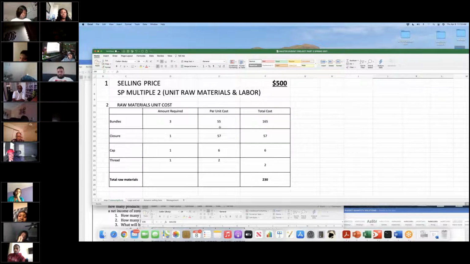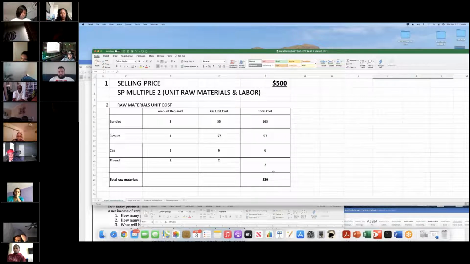But you have to make sure you're doing the unit cost. So their unit cost is 3 times 1 times 1 times 1. You're calculating the cost of one item. So this was the cost of one wig, $230, with 3 bundles required. Use whole numbers, don't use decimals. So round to the nearest dollar as you get your unit cost.